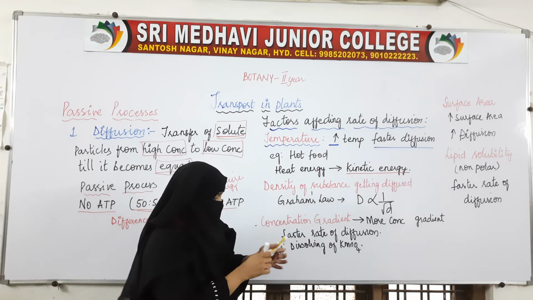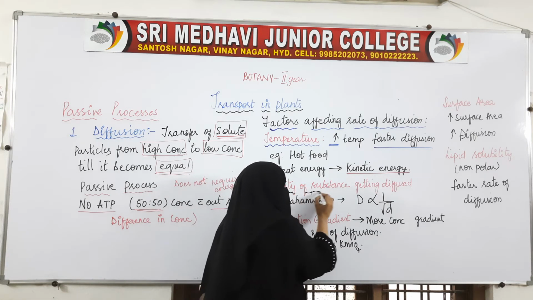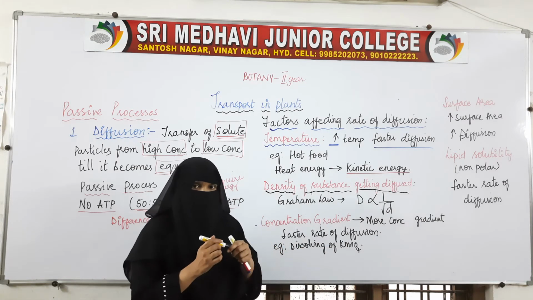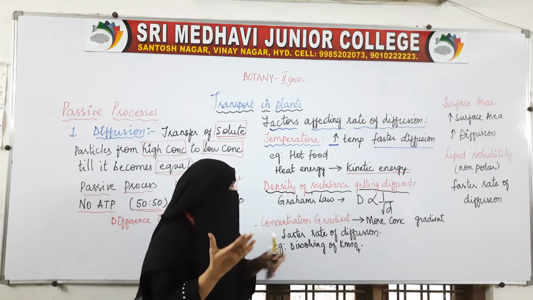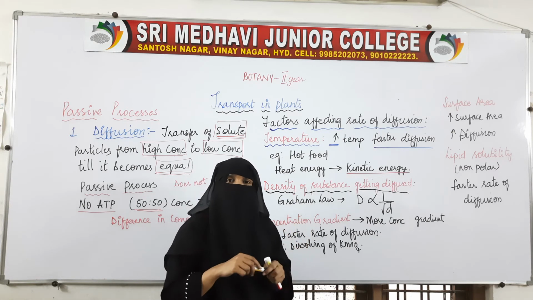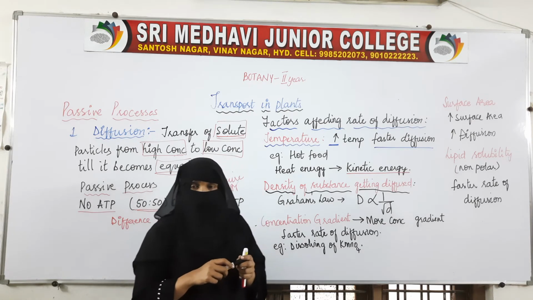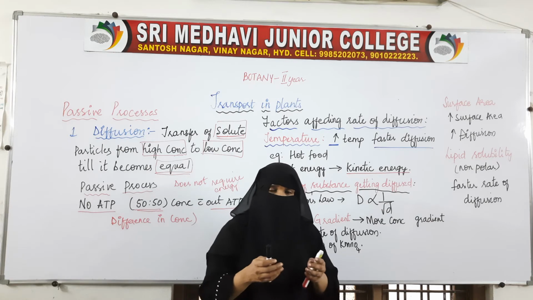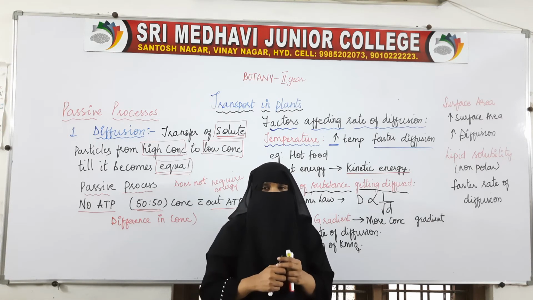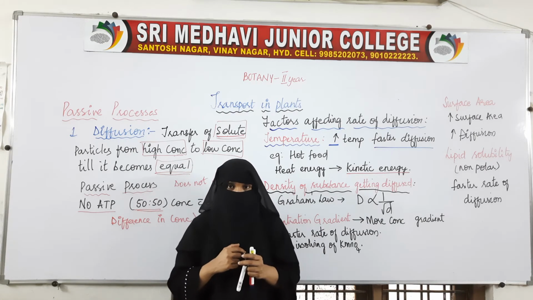The next factor which affects the rate of diffusion is the density of the substance getting diffused. The heavier the substance, then it will not be able to travel at a faster rate and to a long distance.